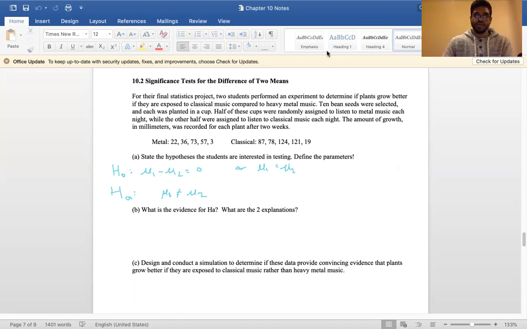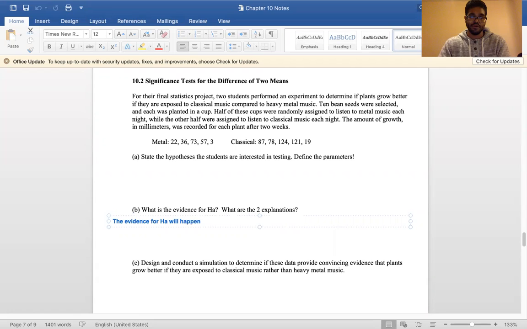So what is the evidence for HA? What are the two explanations? So here, what we can say is that the evidence for HA could happen by chance alone. Meaning that the difference, and in the problem above we're looking at metal music versus classical music, so the difference between metal and classical can happen by chance.